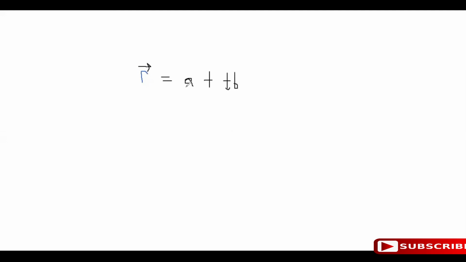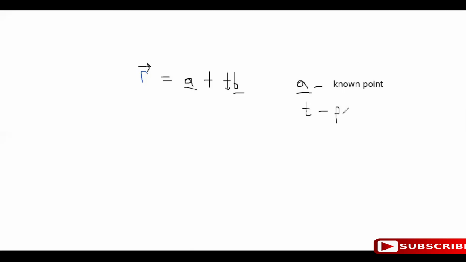And where does this A come from? A is a known point. Just refreshing our minds of what a vector equation is. A is a known point. T is the parameter. And B is a known direction.